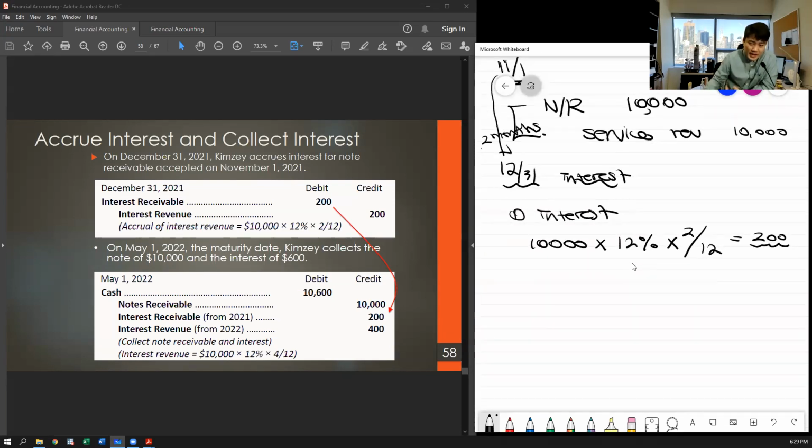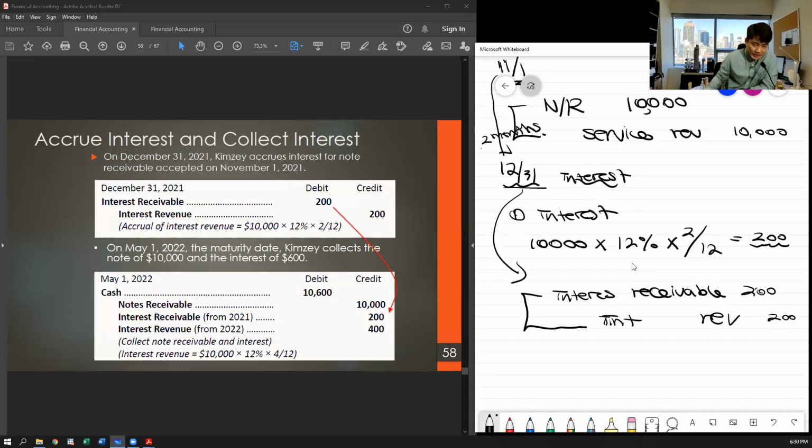So as an adjusting entry on December 31st, the company will record interest receivable in this case, because you're not getting the interest in cash, but the company is just reporting that I have some receivables that's coming up in the next period for the interest for the amount of 200, and that's interest revenue of $200. And so this is the adjusting journal entry that's reported on December 31st.